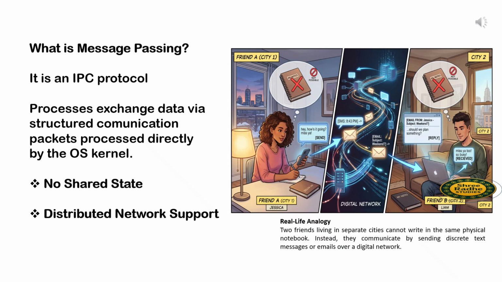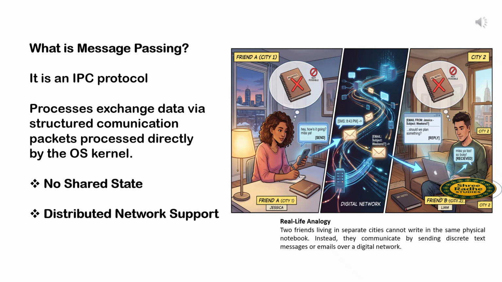What is message passing? Now, let's move to the second major IPC model, called message passing. Unlike shared memory, processes do not access the same memory region. Instead, they exchange information by sending structured messages through the operating system. The operating system receives each message, manages it safely, and delivers it to the intended process.